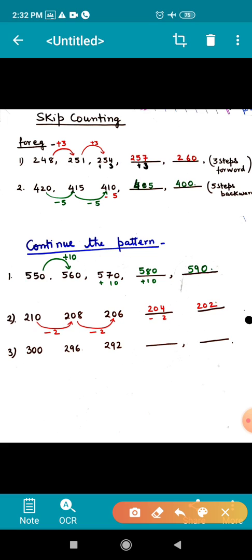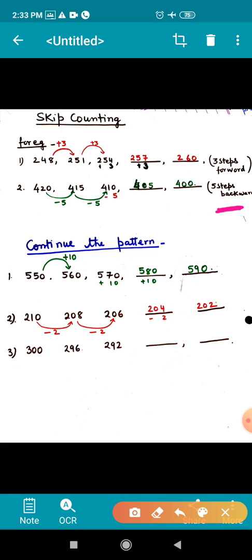Here you can see 420, then 415. It means the numbers are going back. And how many steps after jumping? 5.